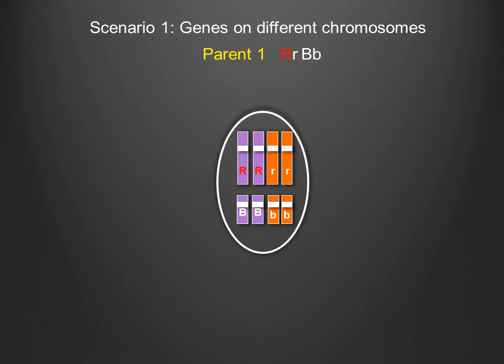Depicted here are two chromosomes in the heterozygote parent. The larger chromosome carries the color gene, while the smaller chromosome carries the size gene. The homologs of each chromosome are depicted by purple and orange colors. Lastly, as is the case before cell division, each chromosome has been replicated and is shown together with its sister chromatid.